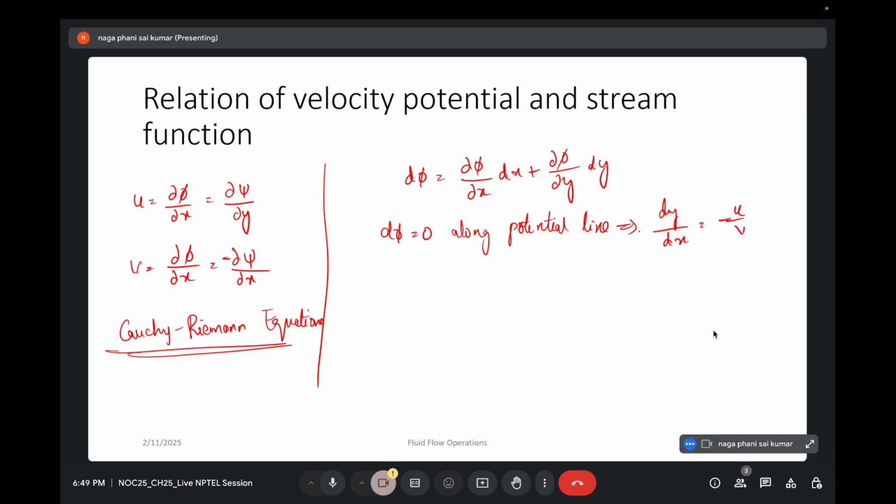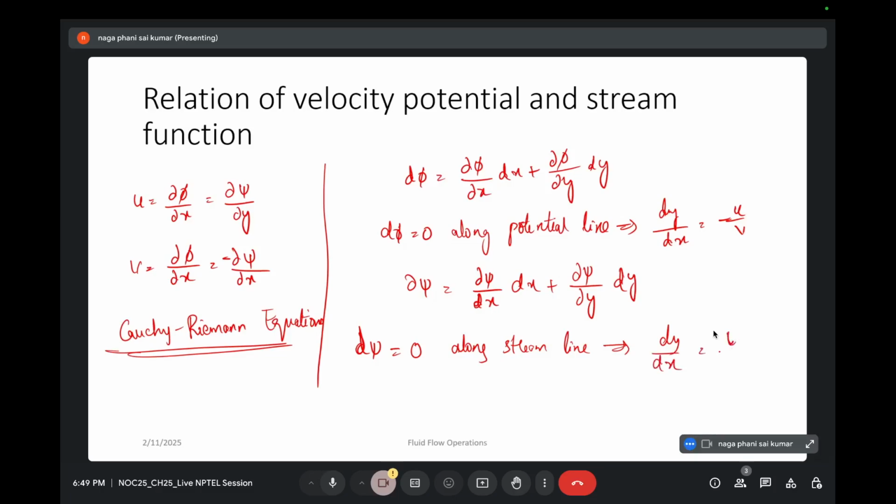And similarly, d psi can be written as dou psi by dou x into dx plus dou psi by dou y into dy. The differential of psi will be equal to 0 along the streamline. So we can write dy by dx as v by u.